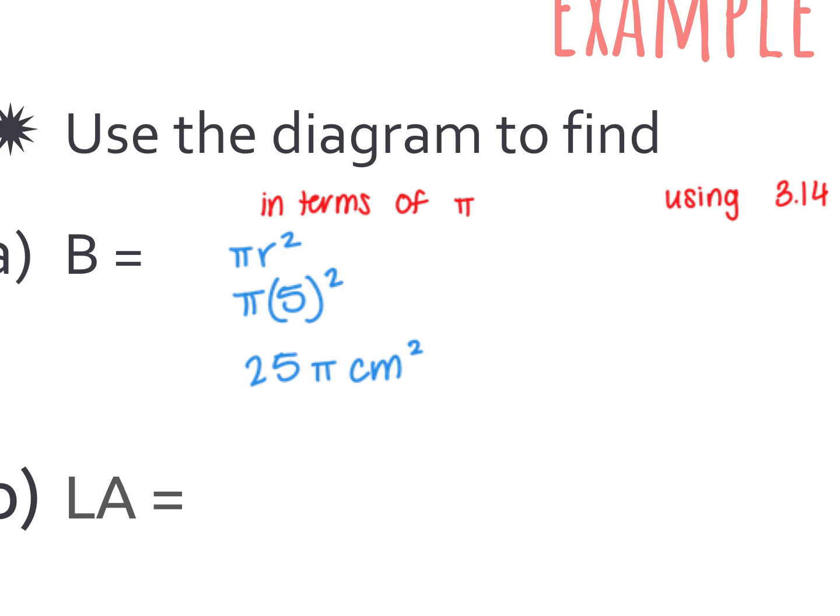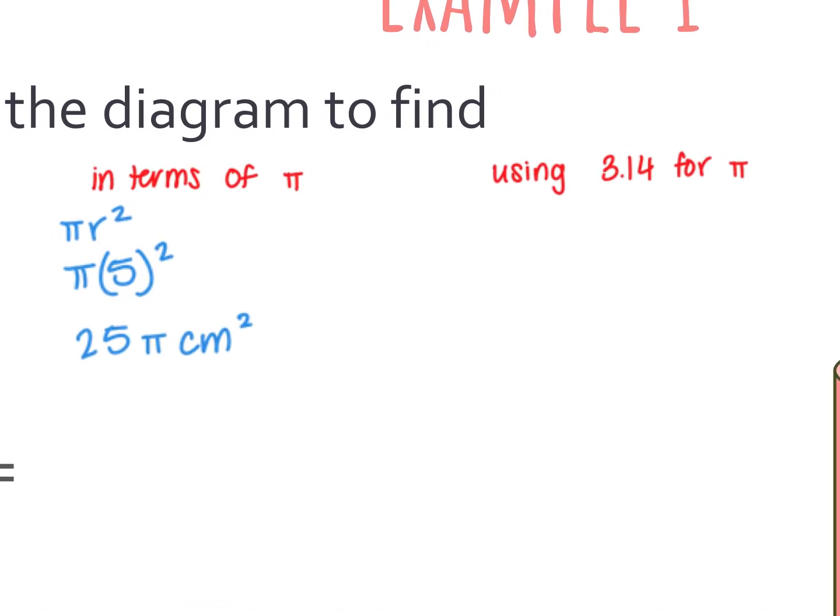Now they want me to use 3.14 for pi. Still using the same formula, pi r squared, I'm going to have 3.14 times 5 squared. Plugging that into your calculator, I'm going to get 78.5 centimeters squared.